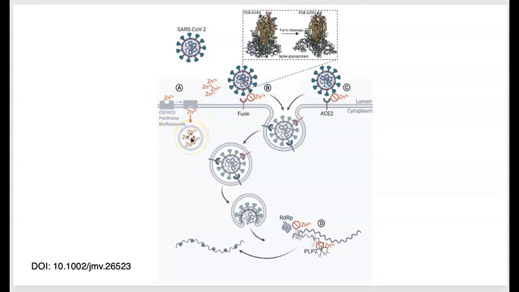So a combination of ionophore and high doses of zinc might interfere with various aspects of virus replication, such as the RNA-dependent RNA polymerase and also the protease that the virus uses to mature its polyproteins.